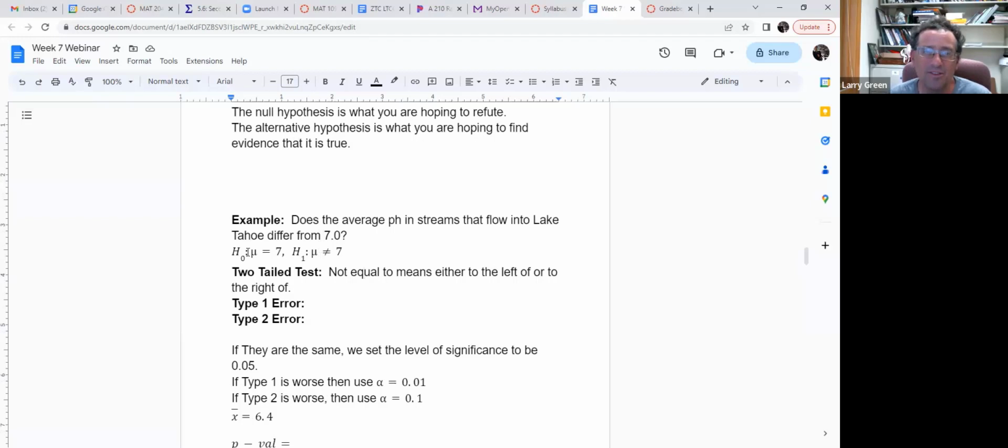All right, so the first thing is we write down what H naught and H1 are. H naught is mu equals 7. Notice on our last example, it was p equals something. Why is it mu this time?